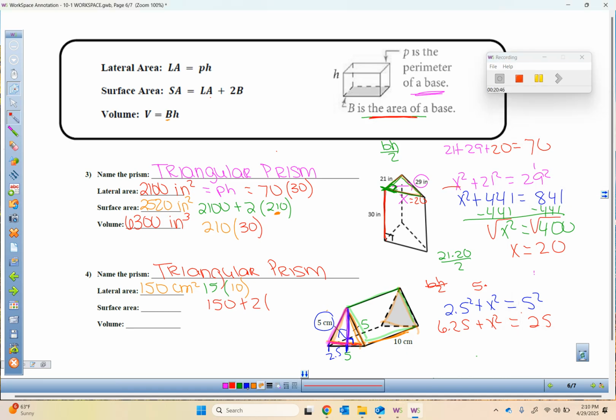Now, doing basic algebra, getting x by itself. Subtract that from both sides, leaving me with x squared equals, thank you, 18.75. I have one more step. What is it? Very good. So x equals 4.3. Very good. So that is actually my height.